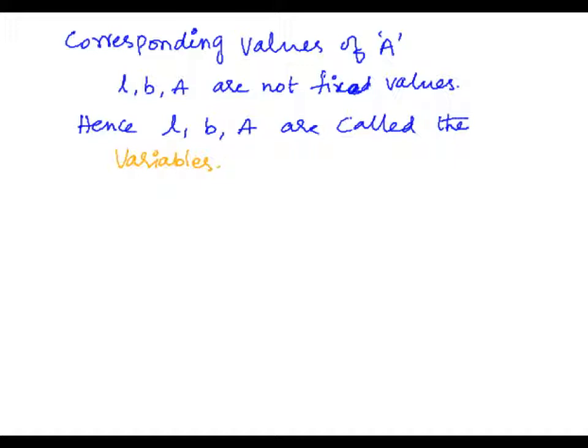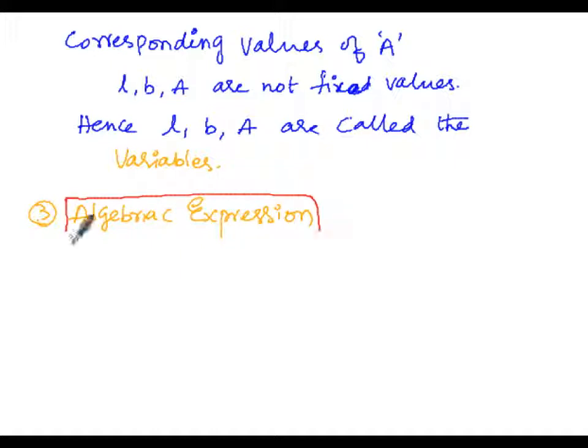Now the next one, that is the third one, is the algebraic expression. A collection of constants and literals connected by one or more of the four fundamental operations is called an algebraic expression.